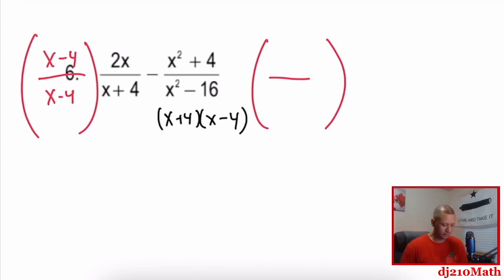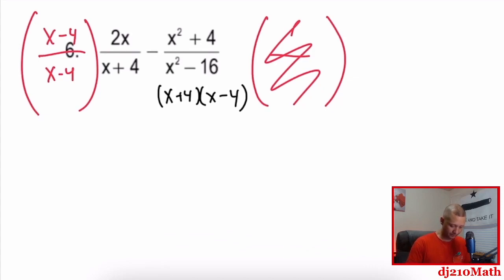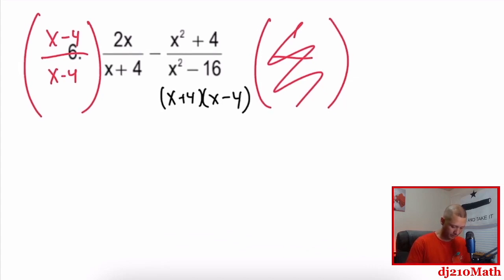All right, and on the right hand side, we don't need to multiply by anything because the denominator has both terms that we're looking for. So putting it all together, the denominator is going to be x plus 4, x minus 4.